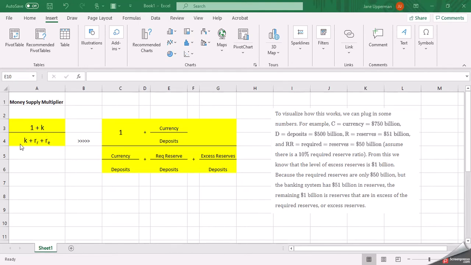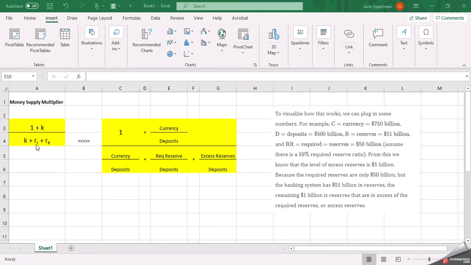So this up here is the formula itself. But if you go to those pages, you'll see that the K is the currency ratio, and this is the formula for the currency ratio. So I've taken this formula and converted it into what those symbols mean. The K is our currency ratio, which is our currency divided by our deposits. Then again on the bottom, it's our K, currency divided by deposits.